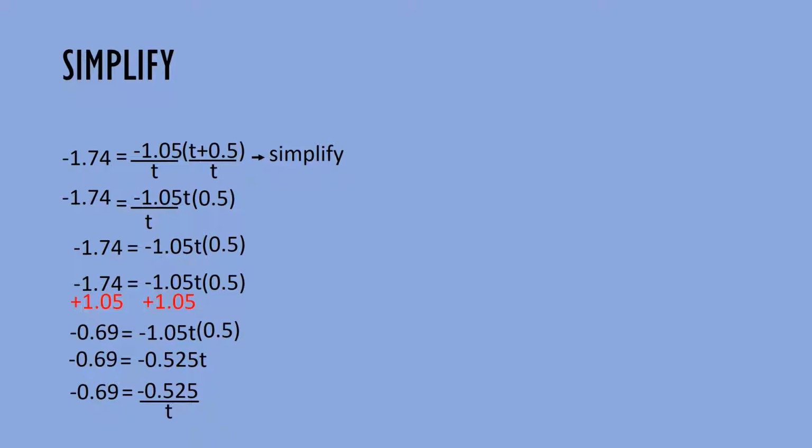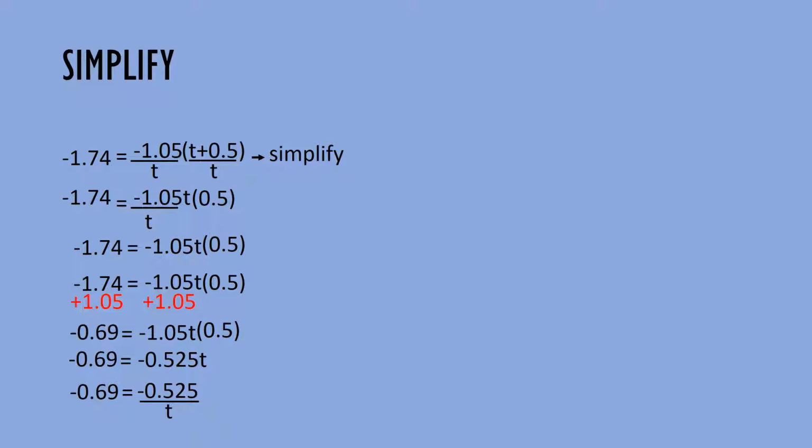And we simplify more, which gives us negative 0.69 equals negative 0.525 over T, which is given once we multiply negative 1.05 times 0.5.